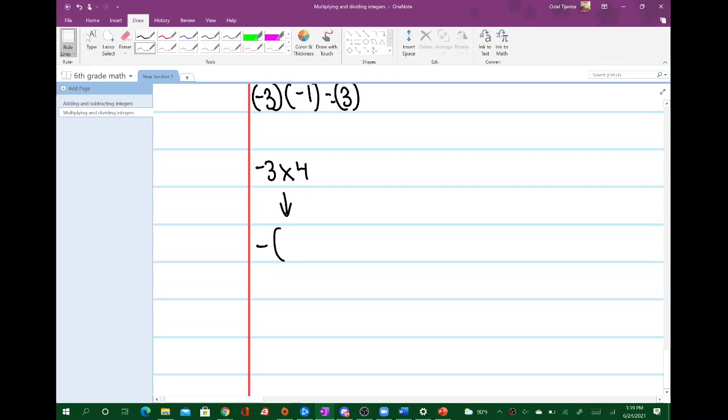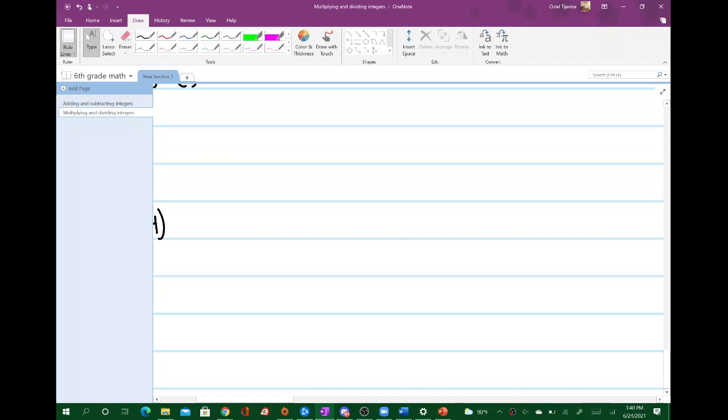Negative, the quantity, and I put parentheses and say the quantity because it's a number, 3 times 4. What is this going to be? Well, I know that 3 times 4 is 12, so I have -12. So now you just get rid of your parentheses. This is -12, right? What if I have -3 times -2?